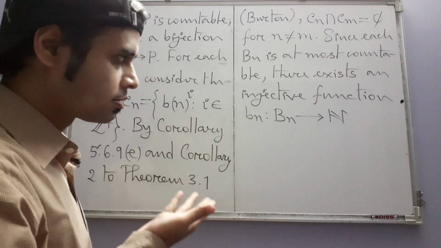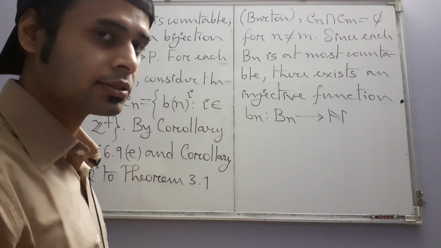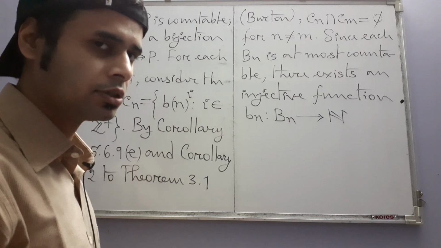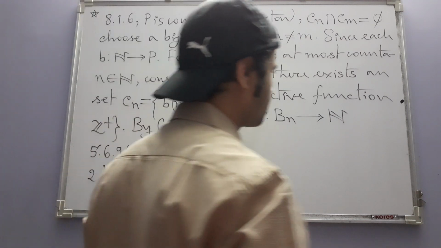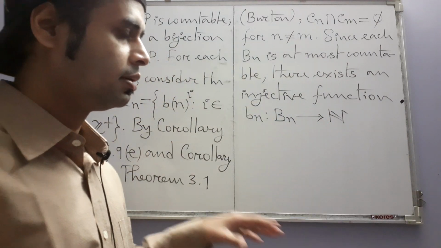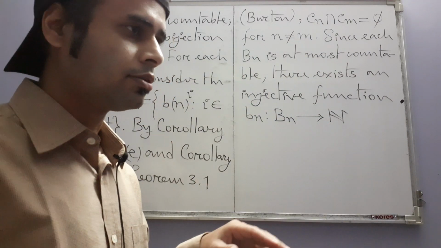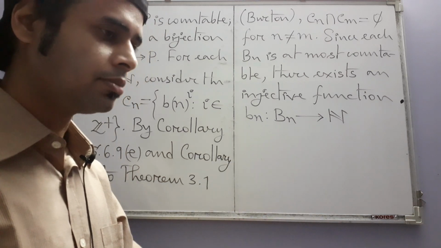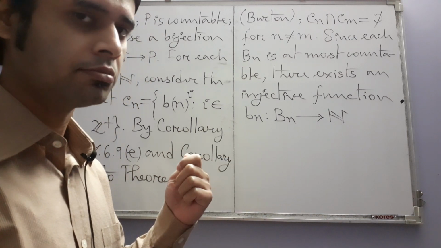And this, strictly speaking, needs the axiom of choice, which we are going to see later. It just simply roughly says that if we are given any number of non-empty sets, then from each one of them we can choose one element.